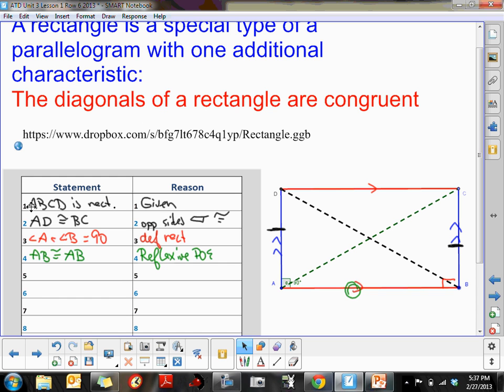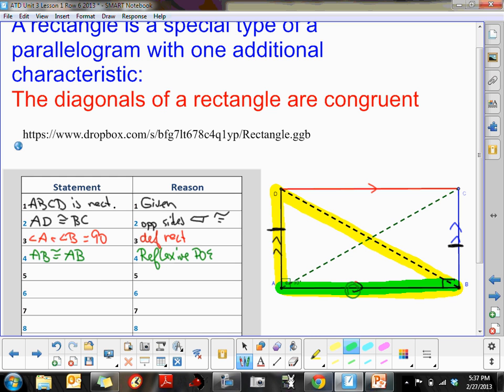I think I can find some highlighters here. There's a highlighter. I'm going to try to show you that this triangle here on the bottom, triangle ADB, has to be congruent to this triangle here.